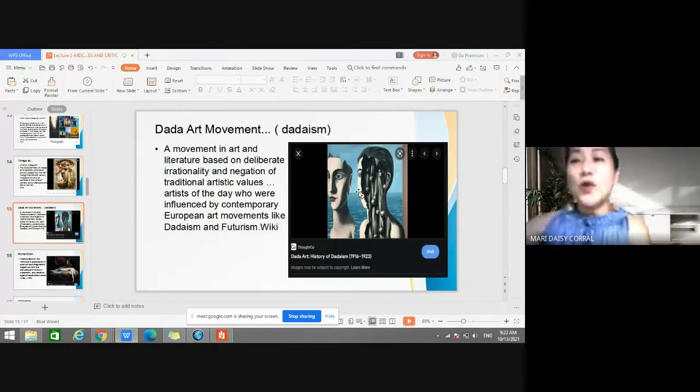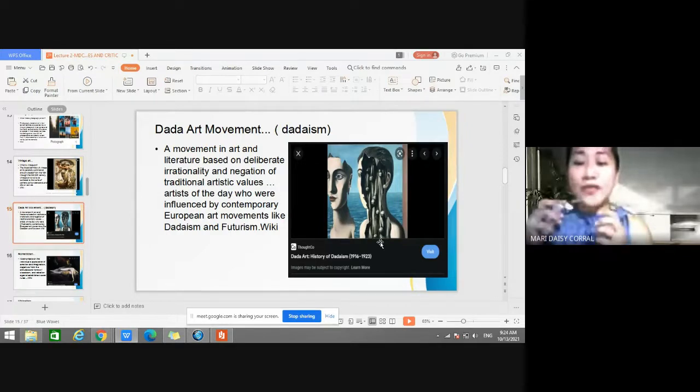Okay, so you look at this one, it's a little bit distorted. This is the face, normally this is the face of a human, but there are some modifications in it. So there's distortion in the Dada art movement. Actually, when we talk of history, Dada art movement is an art movement that is against war. Okay, so after the war, the people were able to create a Dada art movement or Dada art style. Why?